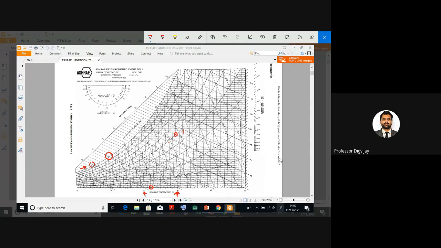So for 10 degrees Celsius, there is an inclined dashed line which is coming like this. Then I have to stop at the intersection. So it will come up to here and intersect here. So this is my point 2. This is how I obtained the points. Now I have to connect these 2 points with the help of a line.